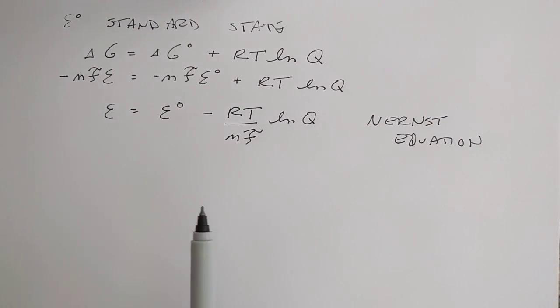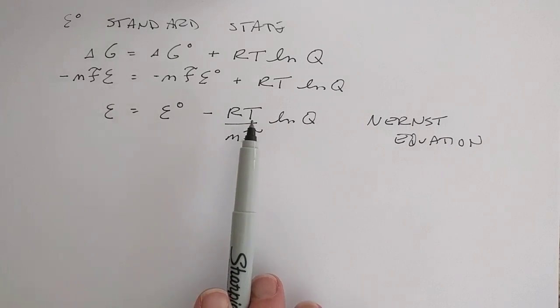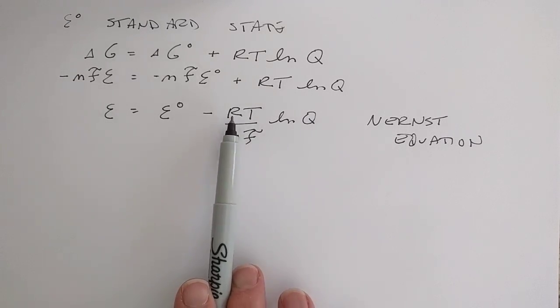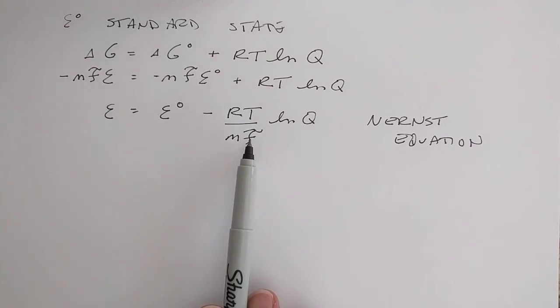Now, often our temperature is room temperature, which we take to be 25 degrees C or 298 Kelvin. And R is a constant, Faraday's constant is a constant.